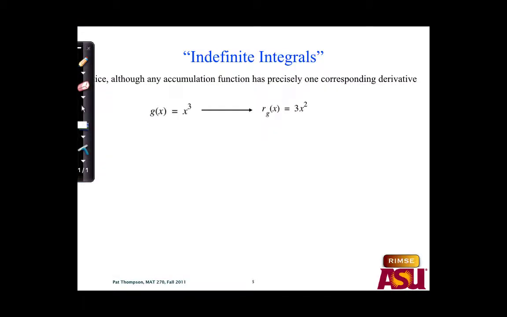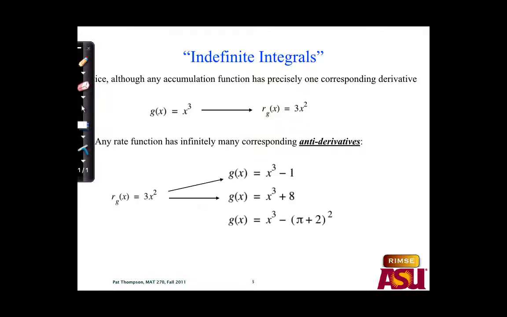So this x cubed has a rate of change function 3x squared. 3x squared has many of these antiderivatives. All of these are accumulation functions. They're all net accumulation functions that correspond to starting with amount 0 at different points.